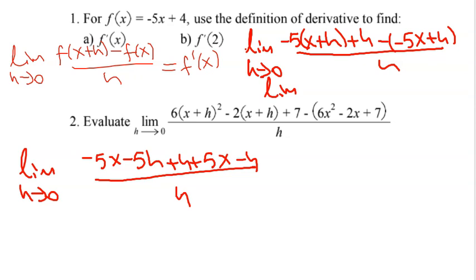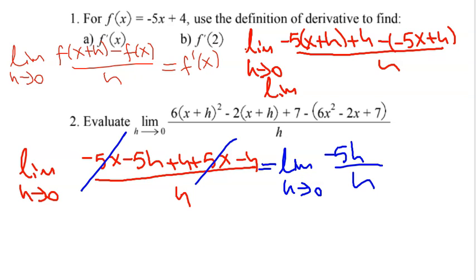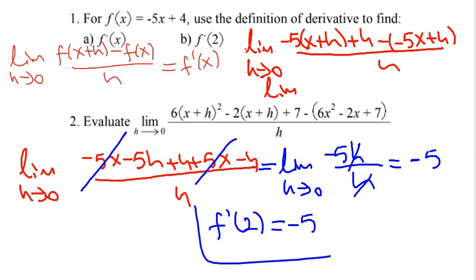In this case, the negative 5x and the plus 5x are going to be gone, and then the limit as h approaches 0 of negative 5h over h. These h's are going to be gone, so the answer is going to be equal to negative 5, which means f prime of 2 is also equal to negative 5.